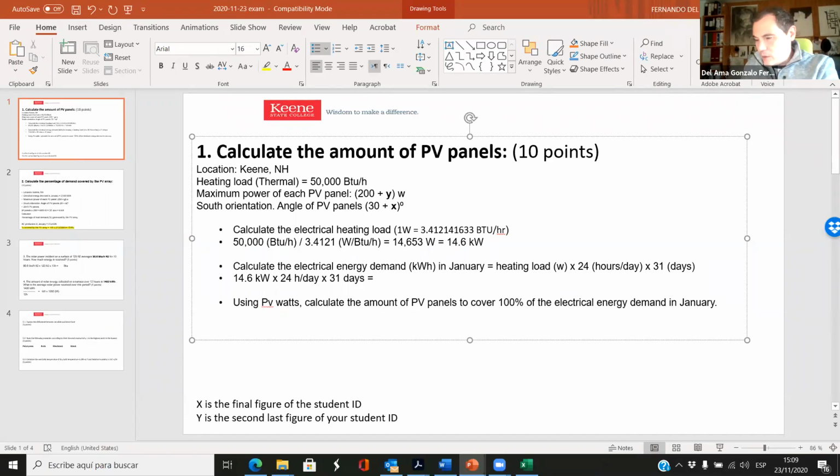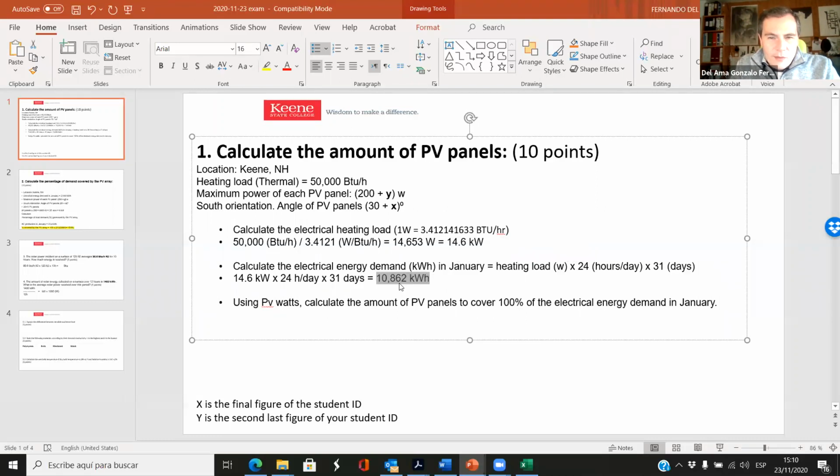This is 10,862 kilowatt hours. Okay, so this is the demand.